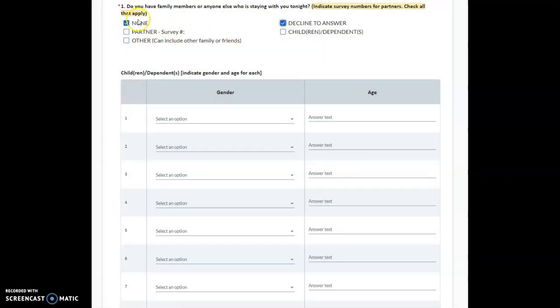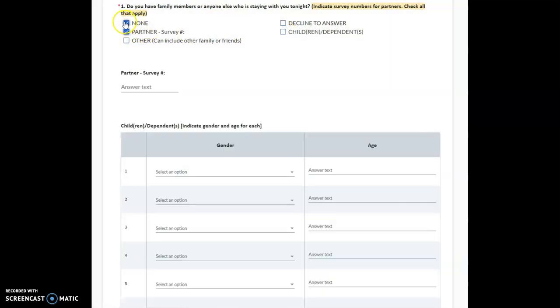So you'll just want to make sure that if you check two boxes by accident, you're going to want to unclick them because we don't want conflicting answers. So if they declined or said none, we won't know which response to take in analysis and we'll have to exclude that. And also if they say none, but you've checked off children, then again, we don't know if they are a single adult or if they do in fact have children. So just be careful when you're checking these off.